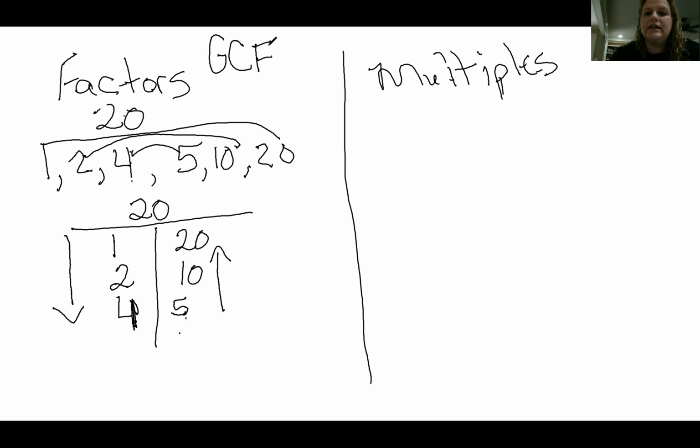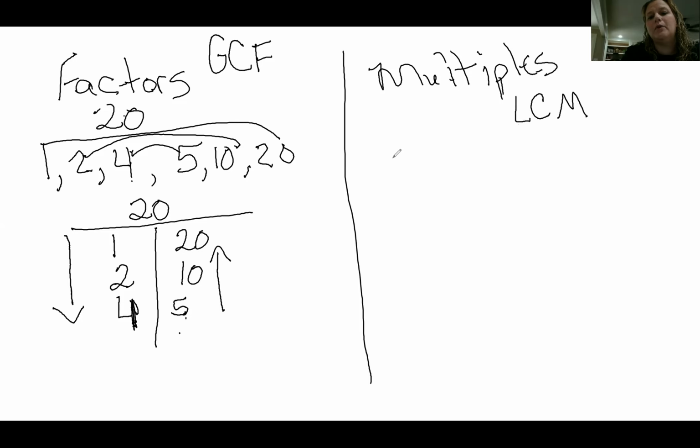Now this is least common multiple, but multiples get big and they get big in a hurry. So your least common multiple is likely going to be a great number, even though it says least.